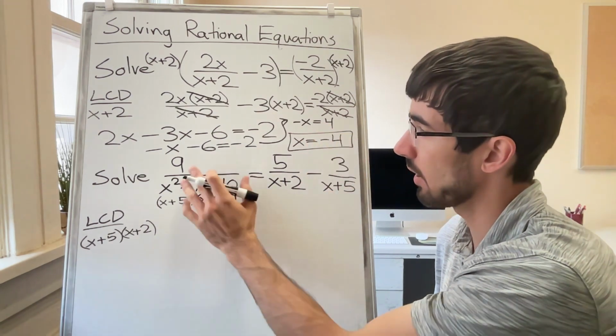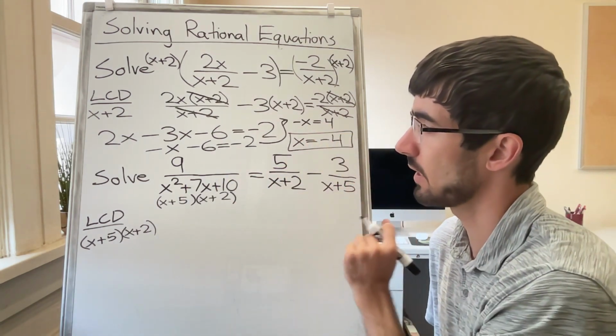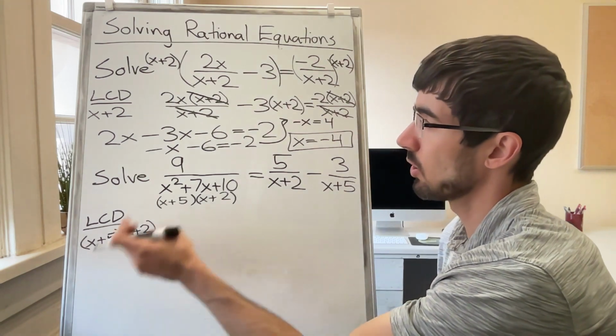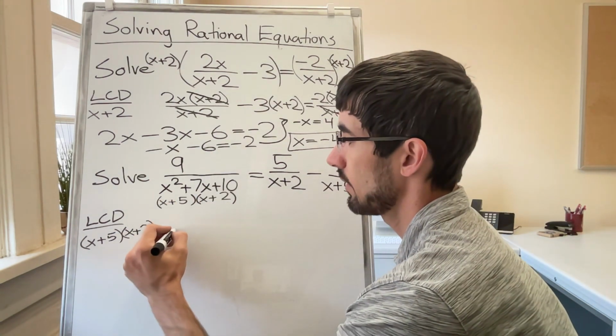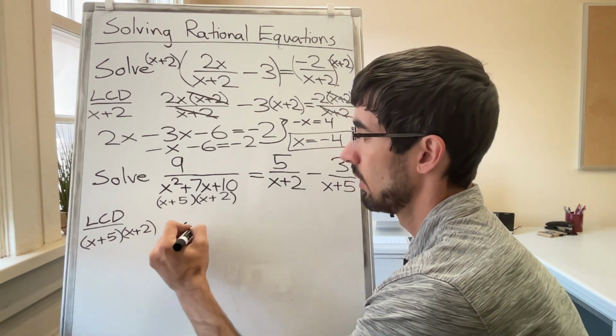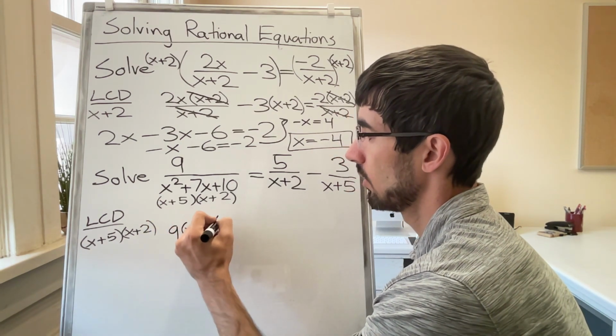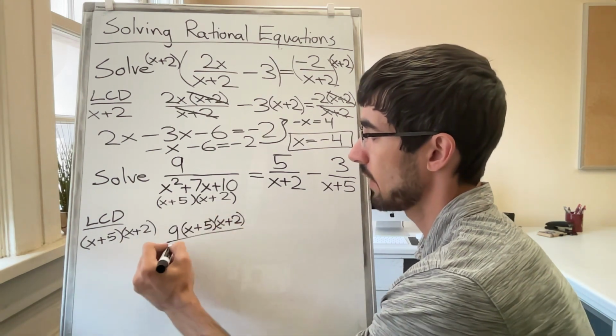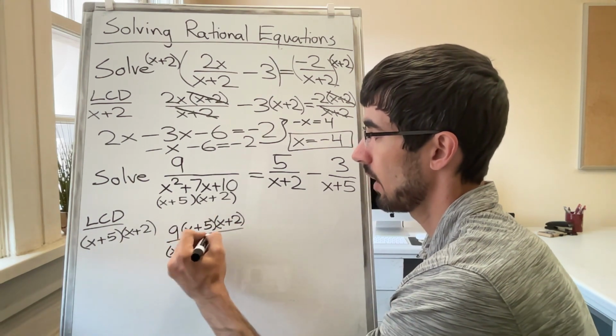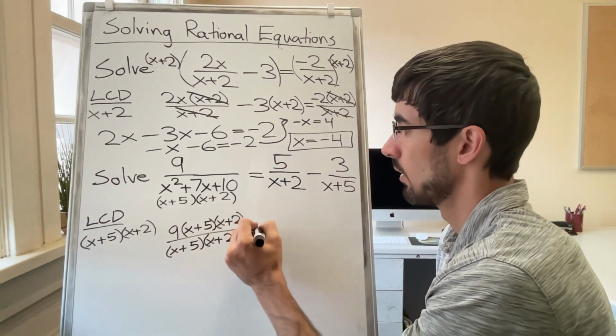I'm going to multiply all of the terms on both sides by the LCD, and it's going to multiply into the numerator in each case. So let's see if we can sketch this out. The first term is 9 times x plus 5 times x plus 2 over that same denominator, x plus 5, x plus 2.